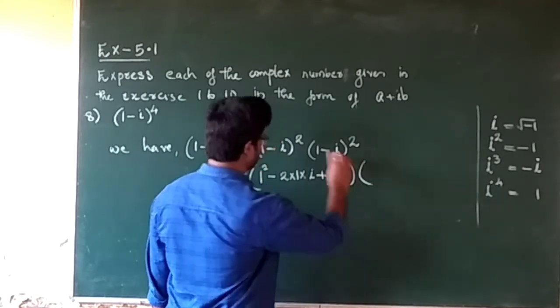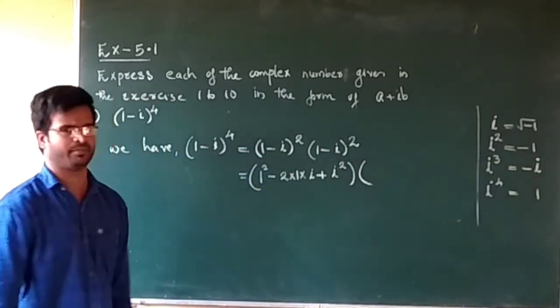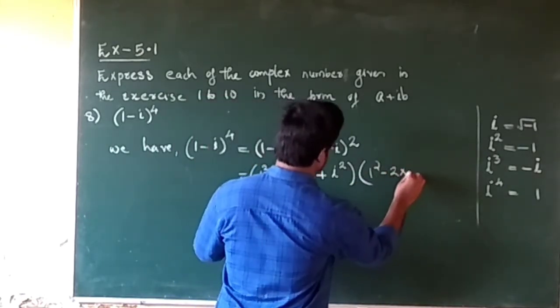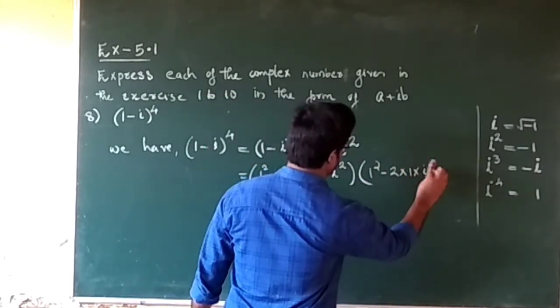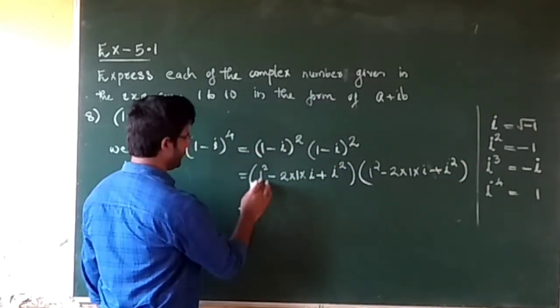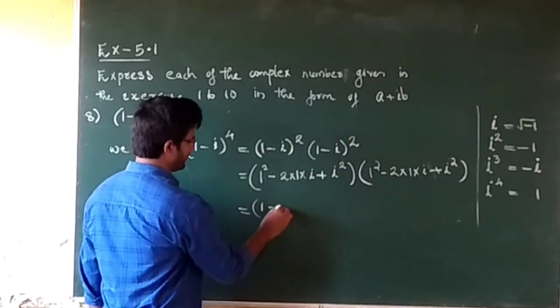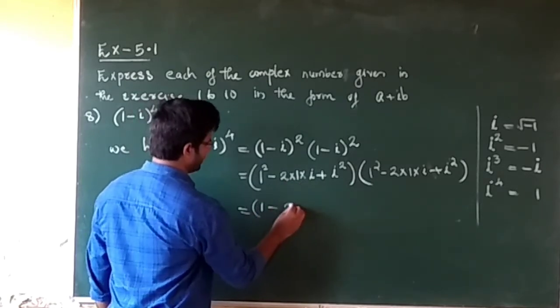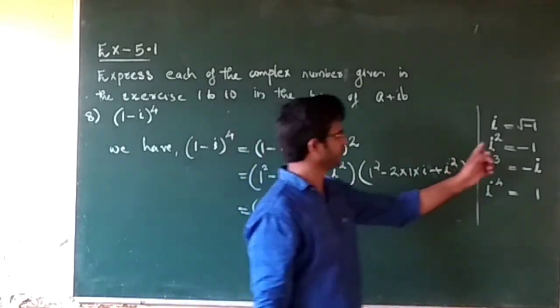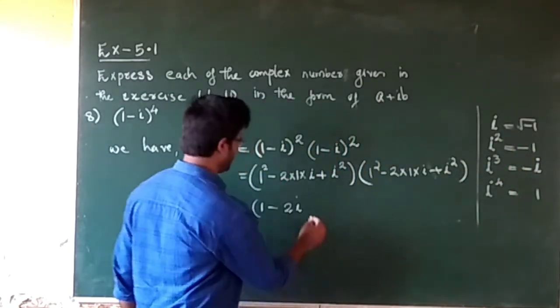In the second part also we can do it using the same formula, a minus b all square. We will get 1 square minus 2 into 1 into i plus i square. 1 square is 1, 2 into i, 2i. i square, what is i square? i square means minus 1.